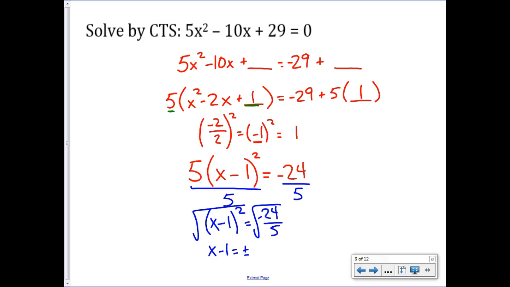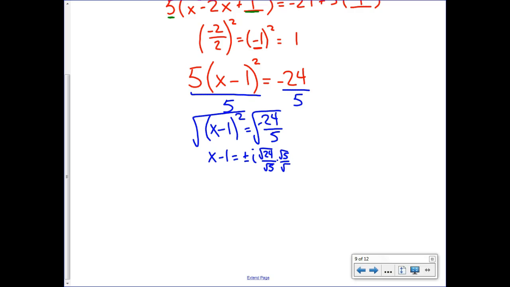We do want to go ahead and multiply that. So I get i out front, but I have the square root of 24 over the square root of 5. I do need to multiply that by square root of 5 over square root of 5. So then I'm going to add 1 to both sides.